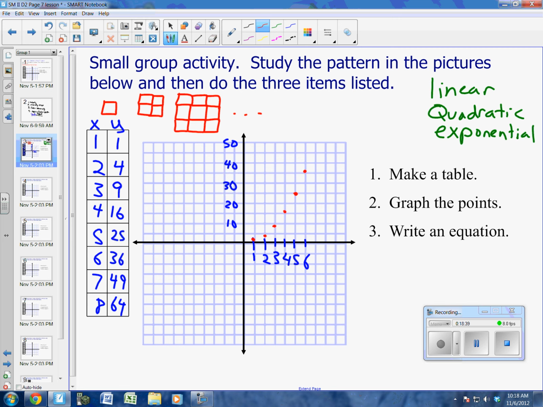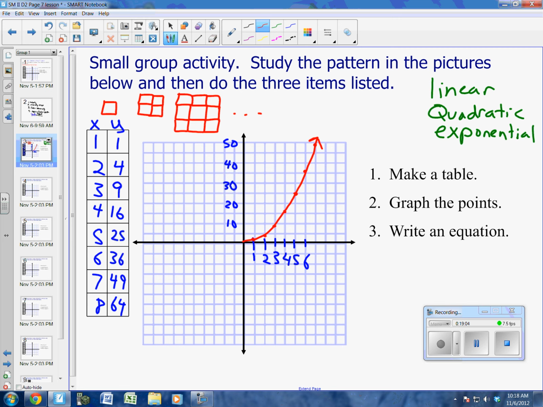And 7, 49. Starts going up fast. It looks exponential, doesn't it? But it's actually quadratic. It's half of a quadratic, actually half of a parabola. A quadratic can sometimes look like exponential if you're only looking at part of it.